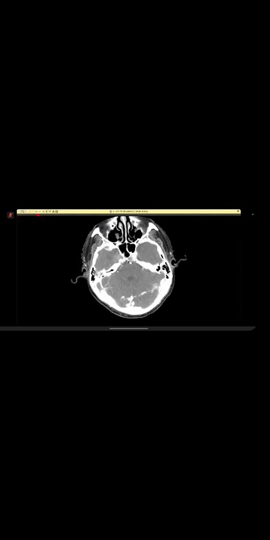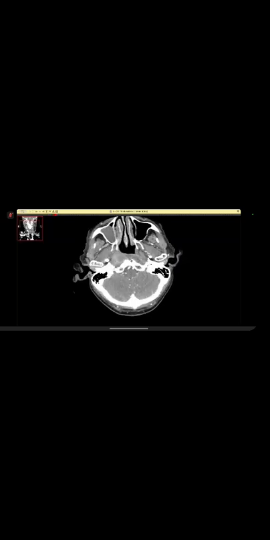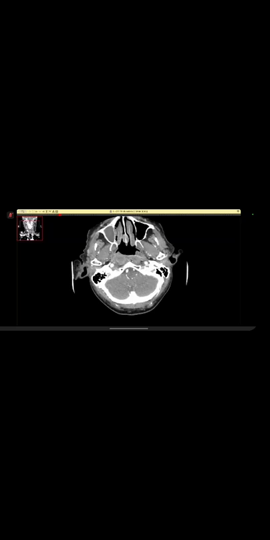So in summary, this is an aggressive lesion, likely neoplastic lesion. So my differential could be nasopharyngeal carcinoma. Okay, thank you.